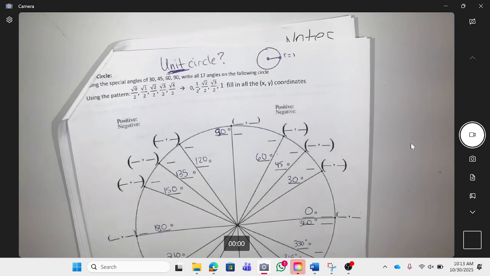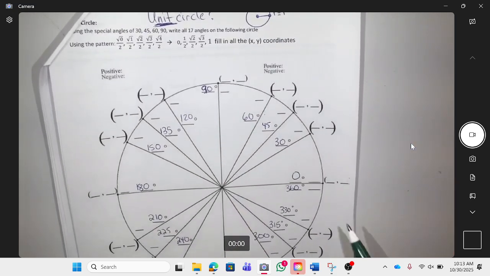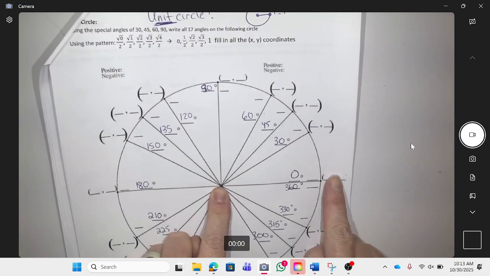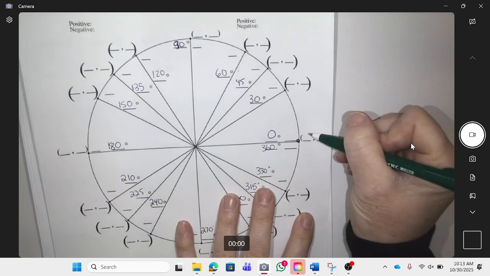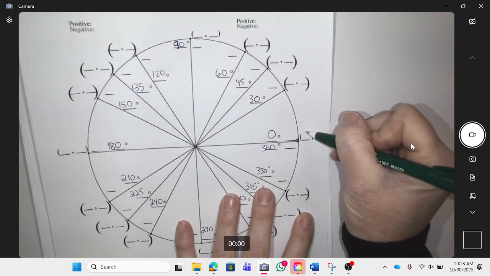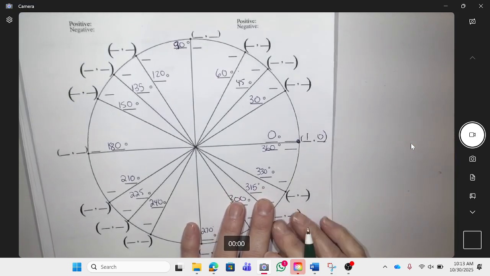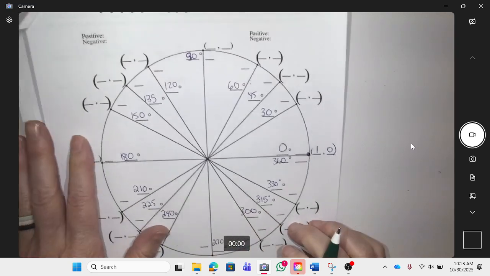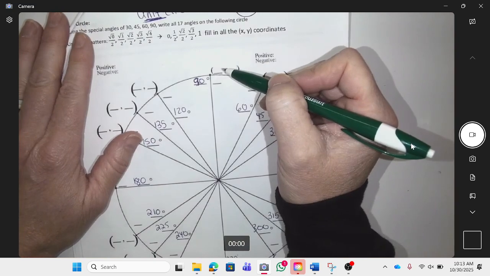Okay, so we're going to go to the 4 quadrants. So if this radius is 1, what is this coordinate on a coordinate plane? 1, 0. What's the top coordinate?